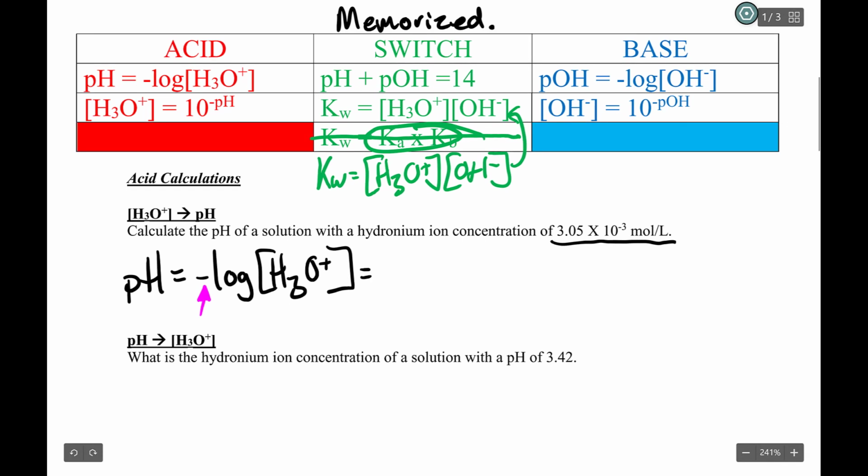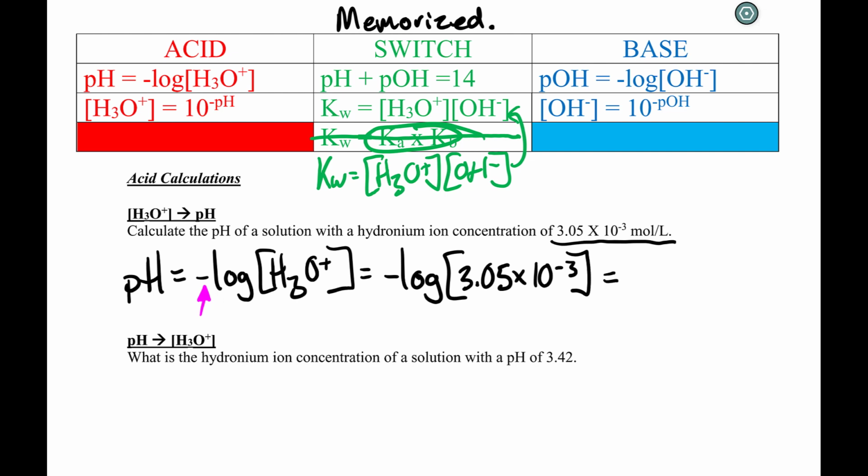If you do not include that, it's going to change your answer drastically. So look, we'll put in our numbers. The negative log of 3.05 times 10 to the negative 3 is equal to, and if I plug that into my calculator, I get 2.52 with rounding as my value.